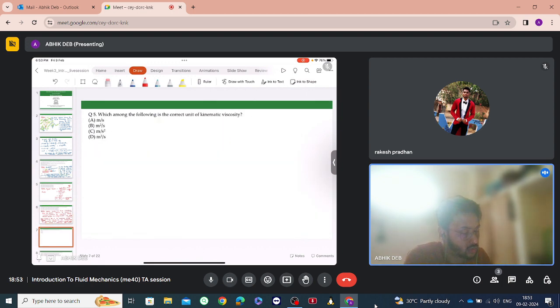We are moving on to the next problem. We are asked to find the correct unit of kinematic viscosity. So what is kinematic viscosity? Kinematic viscosity is the ratio of the dynamic viscosity and the density of the fluid. So kinematic viscosity is equal to dynamic viscosity by rho.